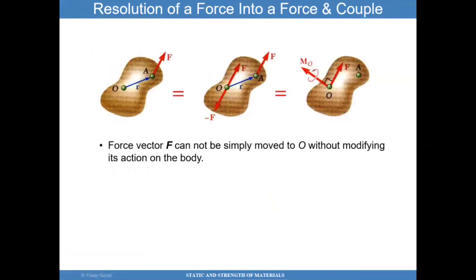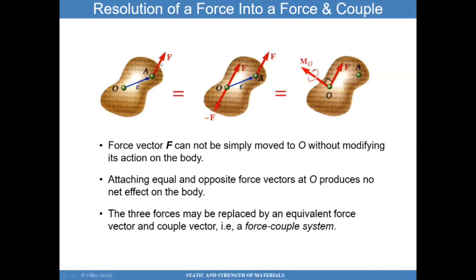Here is an example of a force vector F that I want to calculate the moments about O. So that's R cross F. One approach is to attach equal and opposite forces about a point O, like this, and these three forces may be replaced by an equivalent force vector and couple vector.